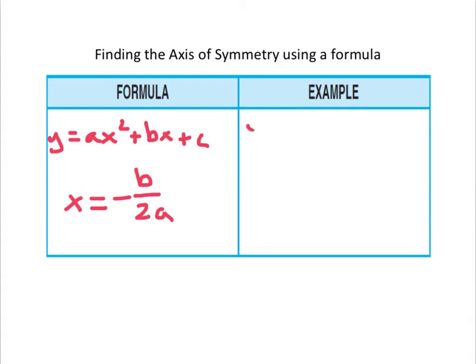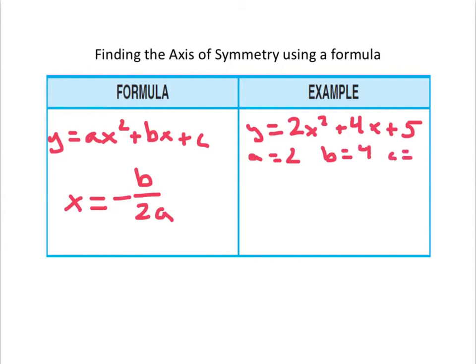So as an example, if we have y equals 2x squared plus 4x plus 5, we know that a equals 2, b equals 4, and c equals 5. Then I can plug those right back into my formula.